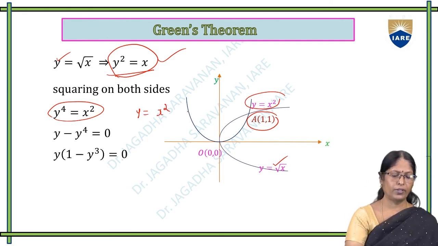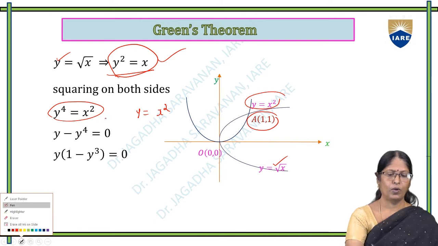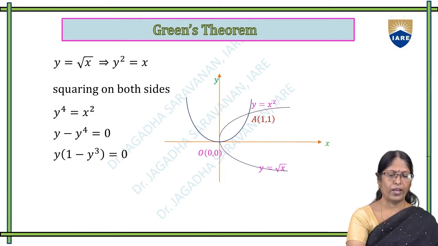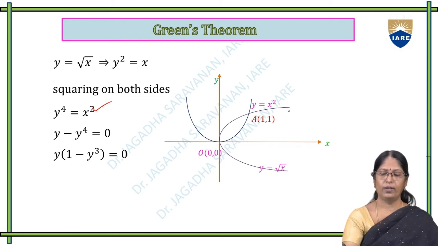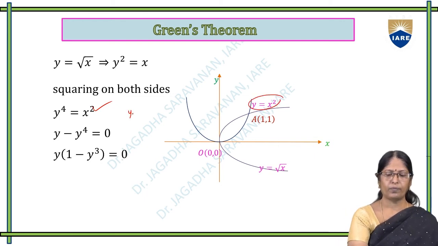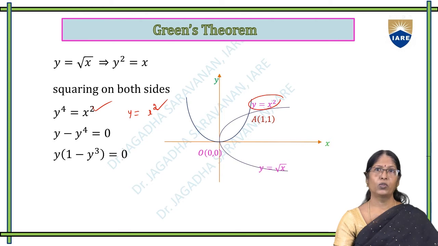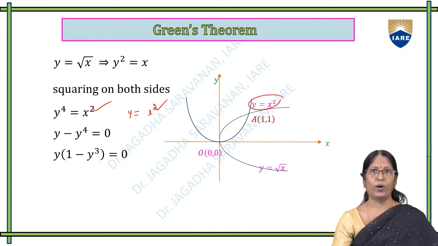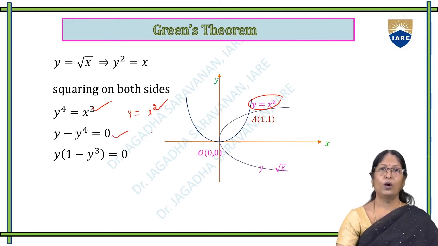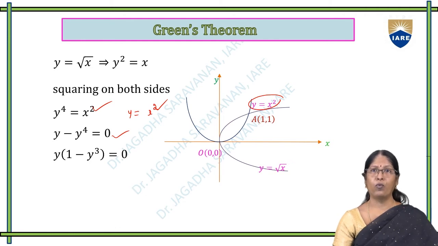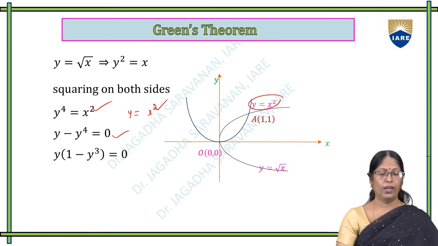If you do the comparison, where I am putting the tick, this one and this one, on one side where I ticked it, both are equal. So we equate the other one, that is y power 4 and y. We obtained y minus y power 4 equal to 0, in which y is common.